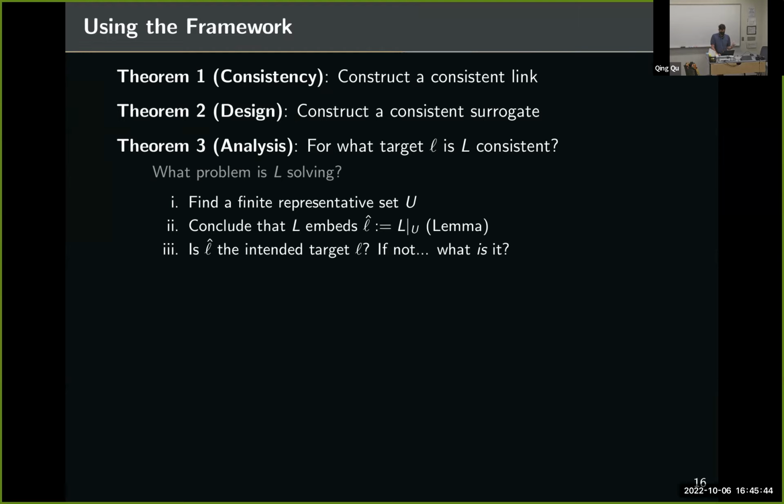If you can do that, then you know that the surrogate will embed itself restricted to that set. And you can ask, this is now a discrete loss. Is that the one that you were hoping for? If so, great, it's consistent. If not, it's probably not consistent with what you wanted, but you can still ask, what is it consistent for?